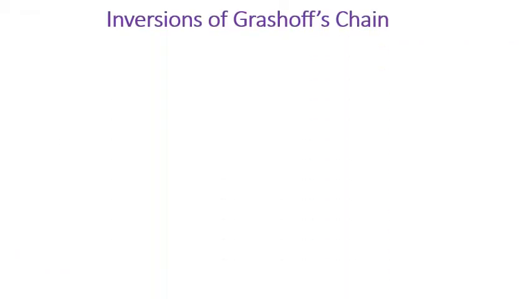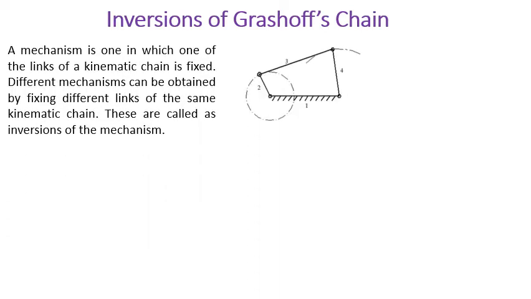So next, let us see what is inversion of a Grashoff's chain, or in simple terms, inversion of a mechanism. So as discussed in the previous lecture, when one of the links of a kinematic chain is fixed, then the kinematic chain is called a mechanism, right? So we can obtain as many mechanisms as the number of links in a kinematic chain by fixing different links of a kinematic chain.